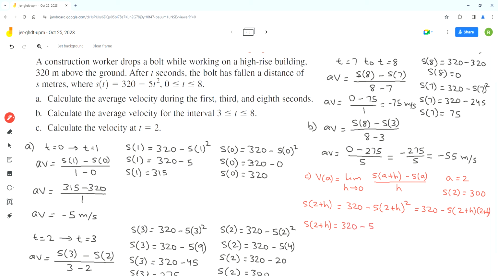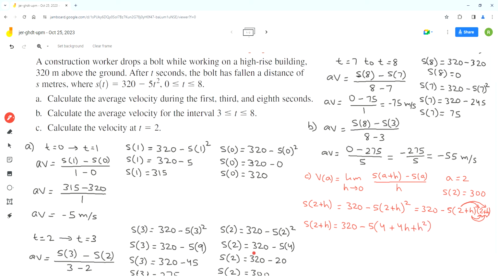So now we distribute the terms. So we have to do 2 times 2, then 2 times h, then h times 2, and then h times h. So we get 4, then 2h plus 2h which is 4h, plus h squared.